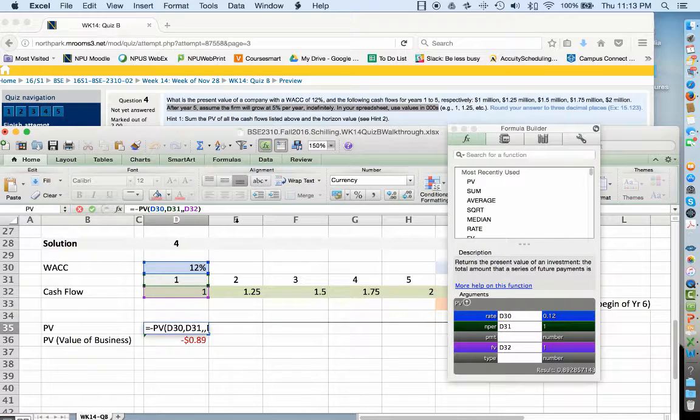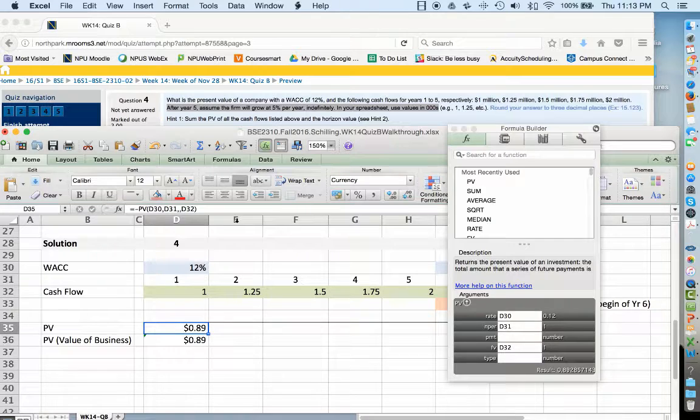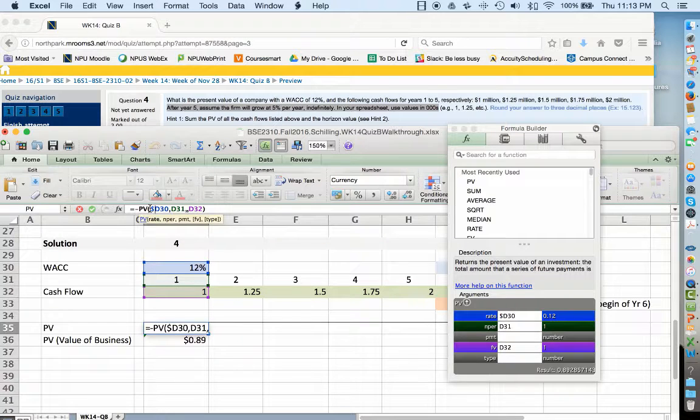The second thing that I'm going to do is place dollar symbols in front of the column and the row where the WACC is. Because now I'm going to take this present value equation and copy it across.